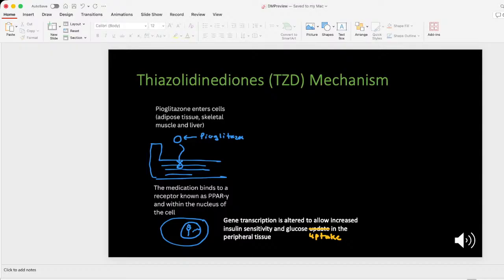So it's going to affect the processes within the cell of the muscle or liver tissue within the nucleus of that cell, and then change the gene transcription this way to allow increased insulin sensitivity. That's how this class of medication, TZD, works, basically.